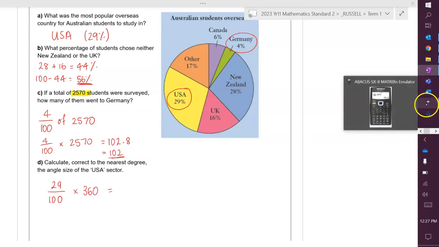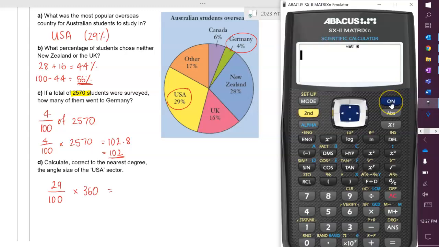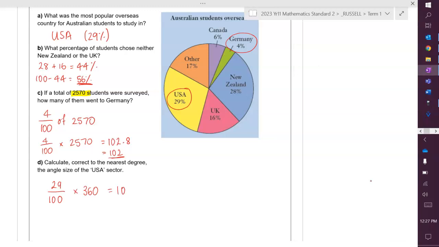Again, the same as the question above, we work out this calculation: 29 over 100 multiplied by 360, and we get 104.4. But again, we want that to the nearest degree, so that's going to be 104 degrees.